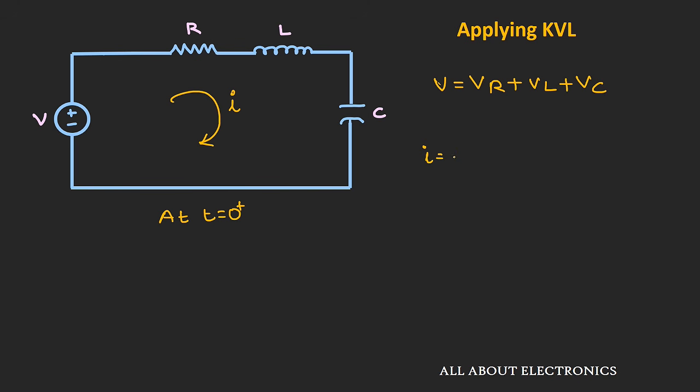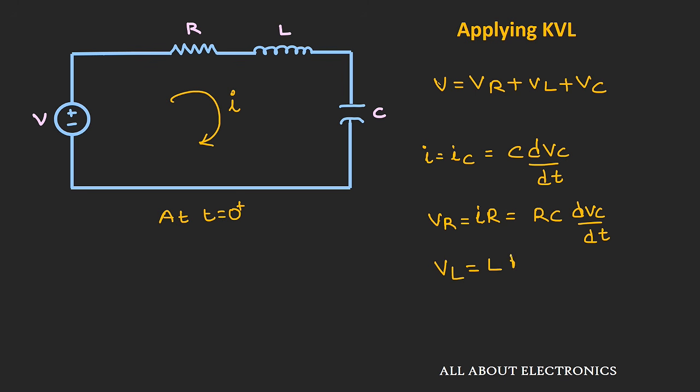So we can say that I is equal to IC, that is the current flowing through this capacitor C. And we know that the capacitor current can be given as C into dVC by dt. Now we can write this VR, that is equal to I into R, as R into C dVC by dt. And similarly we can write the voltage across the inductor VL as L into di by dt.